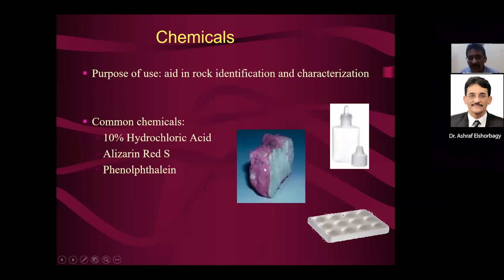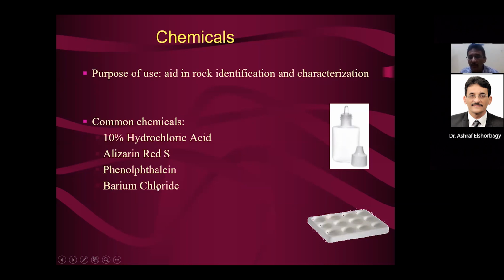When we add phenolphthalein to cement, it gives a purple color with the cement only. We use barium chloride to identify sulfate rock, like anhydrite and gypsum. Yes, we're using barium chloride.